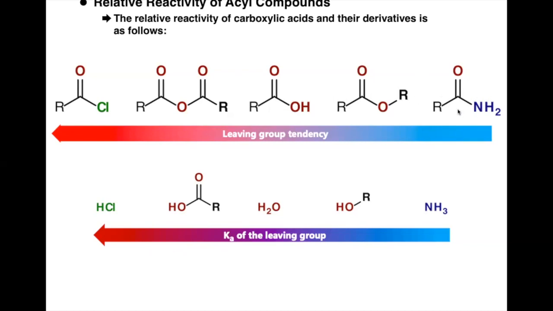So, like I said, these are poor leaving groups, kaya they are not that reactive. For them to react, we need to add an acid catalyst. Okay, so that we can protonate the OH group, the RO group, and the NH2.